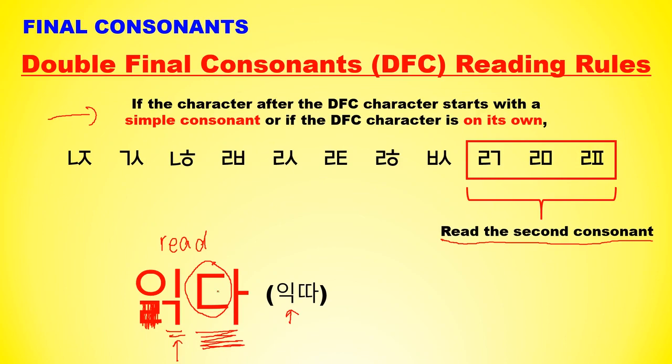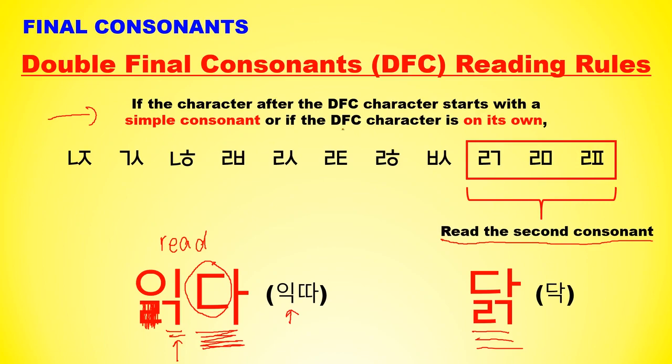Now what if the character is on its own? I want all of you to try to read this character over here. How would you read this character after knowing the reading rule? I hope all of you read this character as ta. Ta.